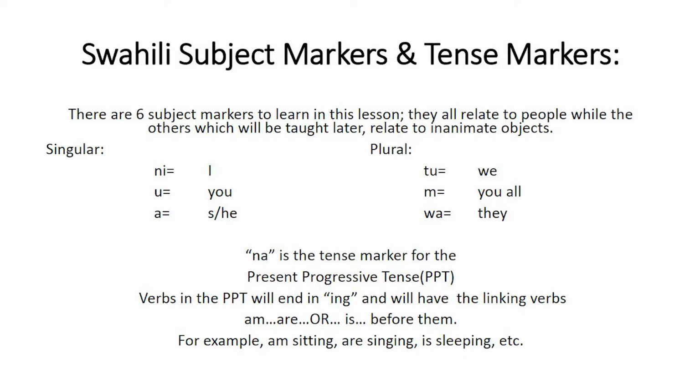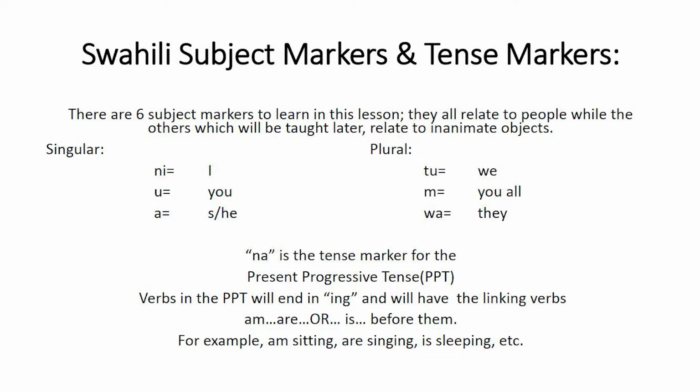Now the plural also has 3 forms. They are we, you all, and they. And the you all is plural, of course. So the we is tu, the you all is m, and the they is wa.